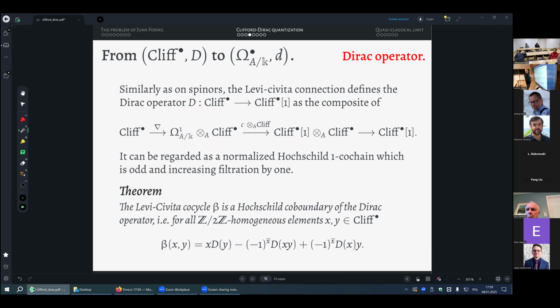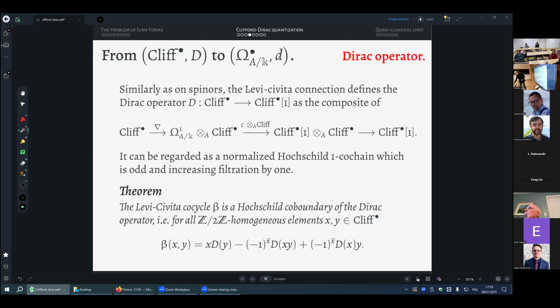It's an odd operator, increasing filtration by 1. So you can see that although we are in objects which are graded, sometimes I'm writing +1, sometimes -1 in the context of filtered Z2 graded objects.